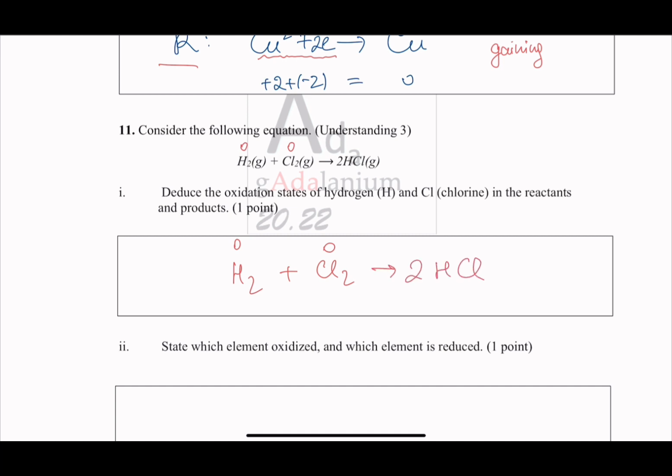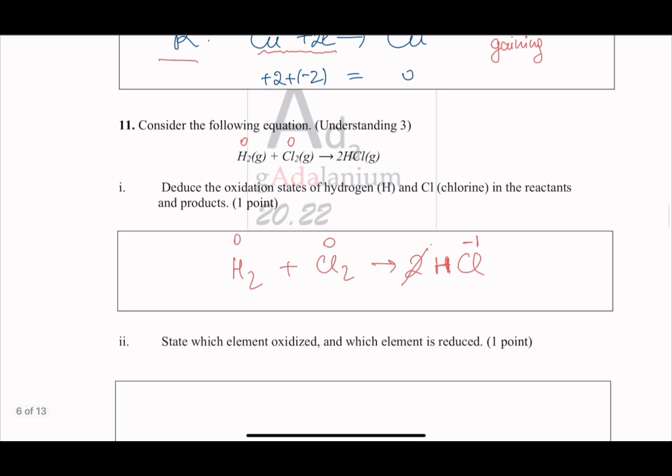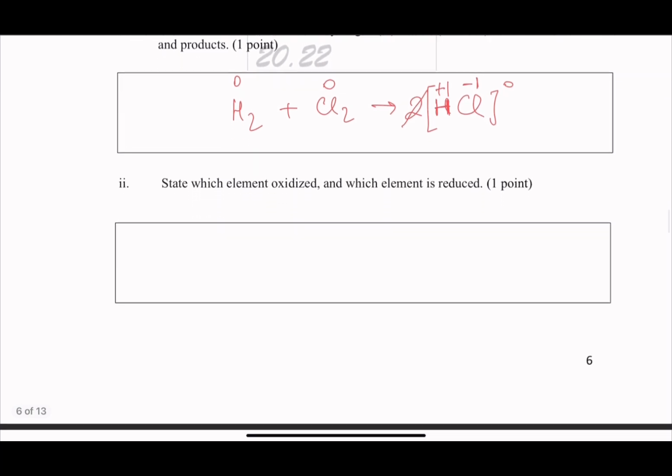We don't care about the coefficients in front of it when we do oxidation number calculation. We know that chlorine is -1 because it is a halogen, and as this adds up to 0, the hydrogen is going to be +1. We also know from the oxidation manual that hydrogen is +1 most of the time, 95%.